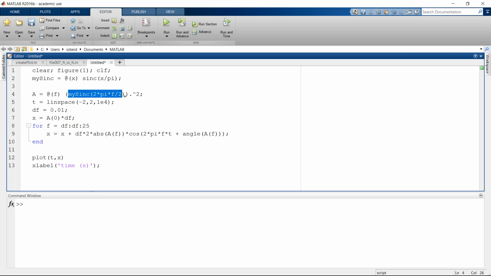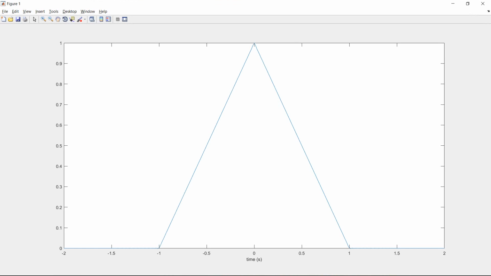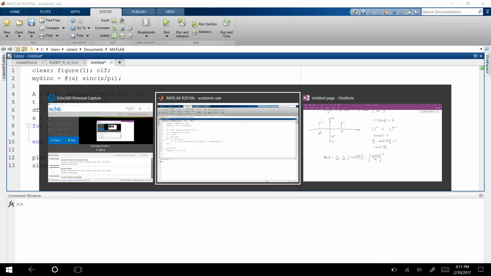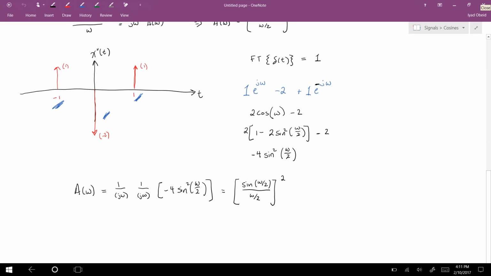It's sync of omega over 2 squared. And then everything else is just standard. I'm going to build this cosine. So let's give it a shot. I build it, and lo and behold, I get my triangle wave. So I got the Fourier transform of this somewhat complicated signal, but I didn't have to do any integrals to do it. I let the math do the work for me.